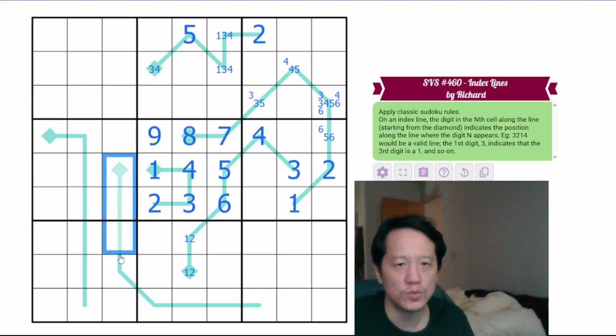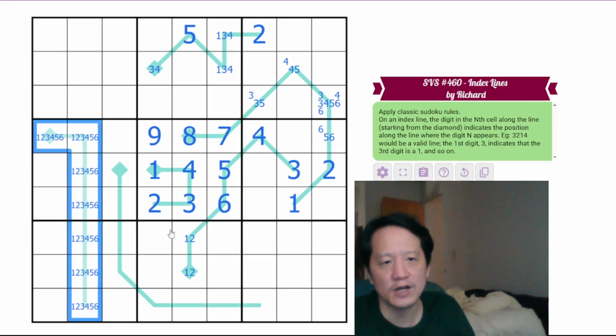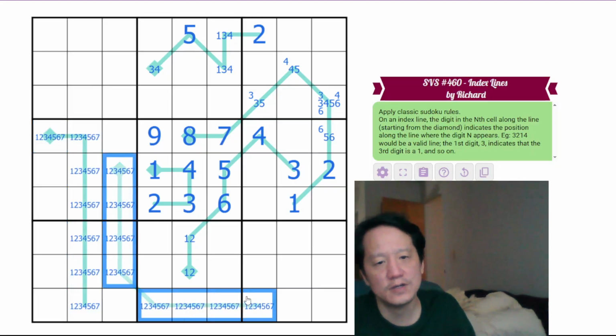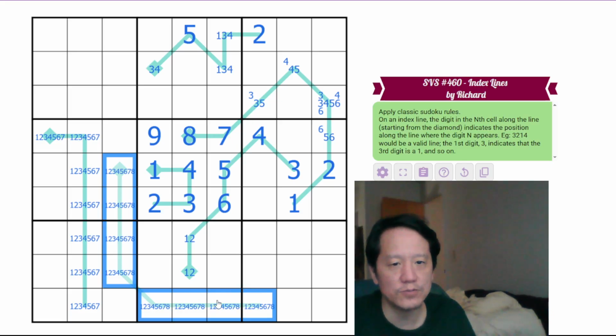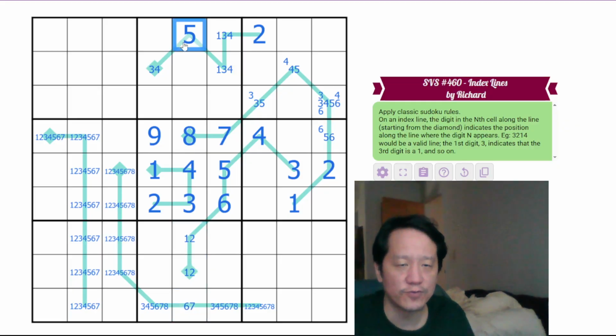Okay, so this is also the digits 1 through 8 because it's size 8. This is 1 through 7 because we have 7 on this index line. So we have 1 through 8, 1 through 7, no 1 or 2 here because of the 1, 2 pair, no 3, 4, 5 or 8 here because of 3, 4, 5, and 8 in the column.